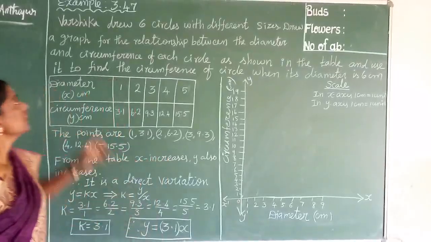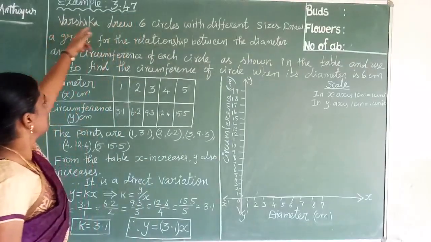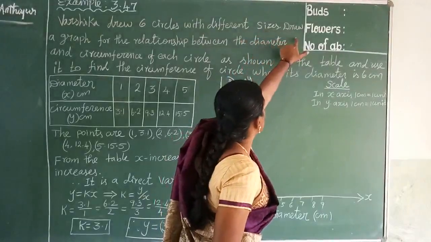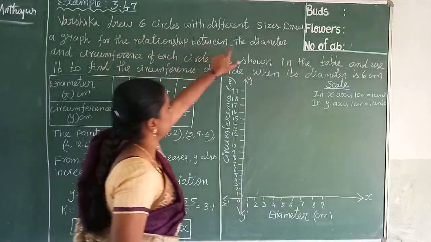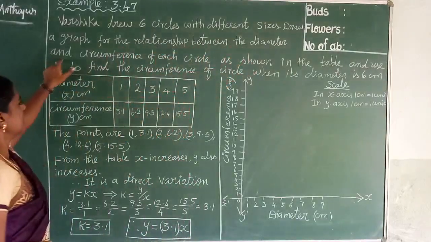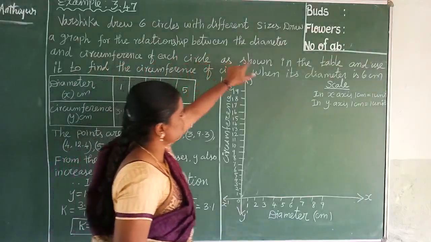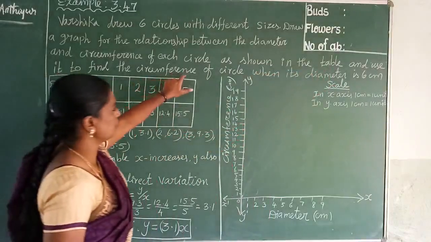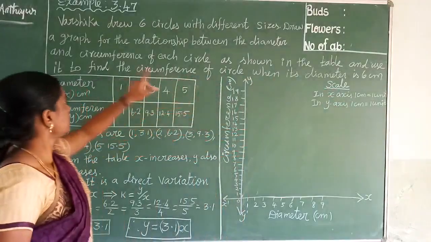Now we discuss example 3.47. Here Varshika drew 6 circles of different sizes. Draw a graph for the relationship between the diameter and the circumference of each circle as shown in the table, and use it to find the circumference of a circle when its diameter is 6 cm.